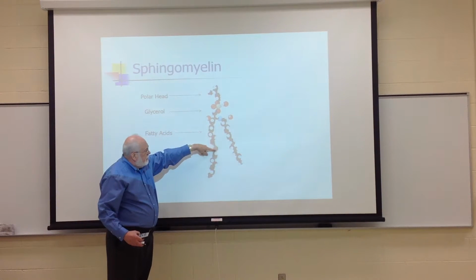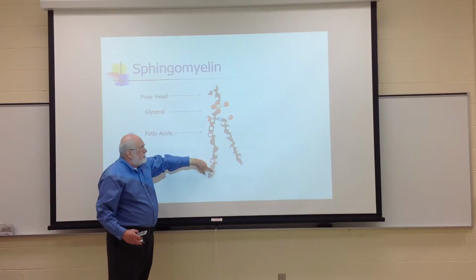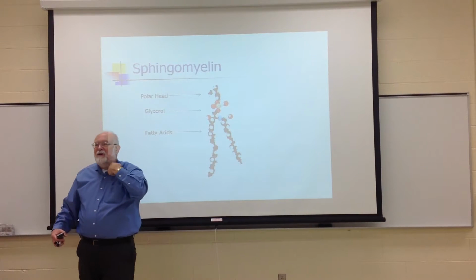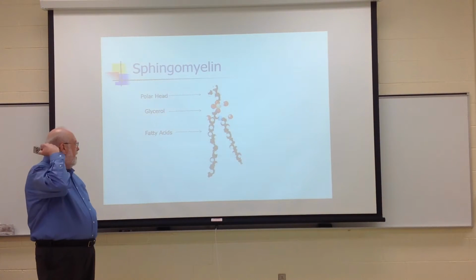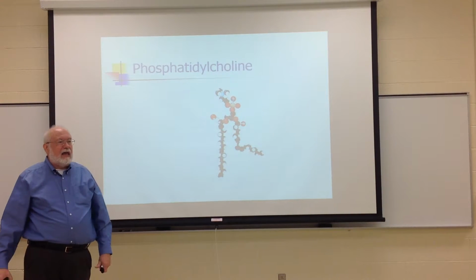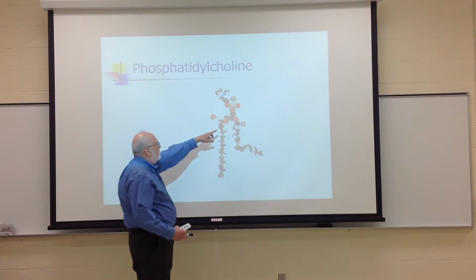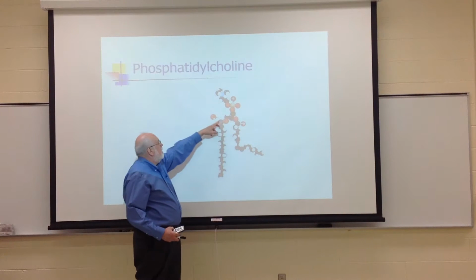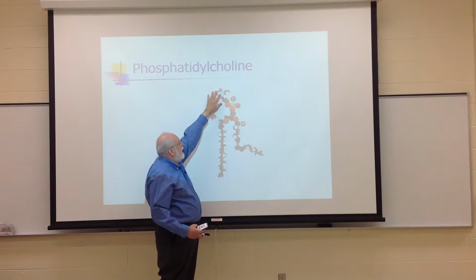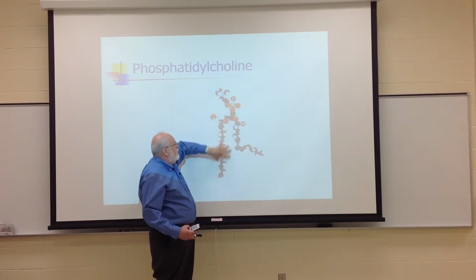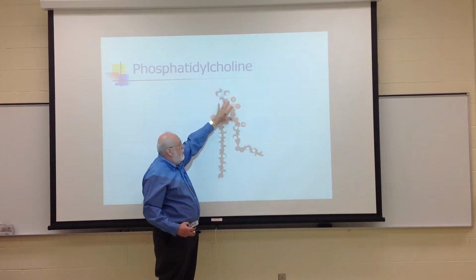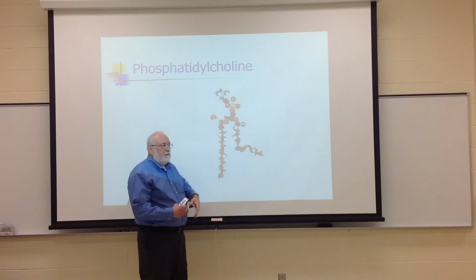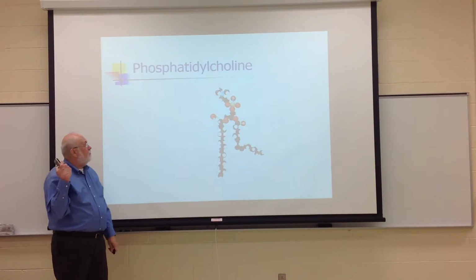You notice this one is an unsaturated fatty acid, so it's got that little bend in it, which of course determines how close you pack these things together. And this one is a polyunsaturated fatty acid. Here again we have the head up here, and here are the tails. This is polar or hydrophilic, and this is hydrophobic.